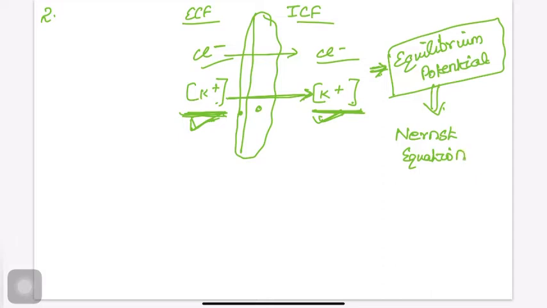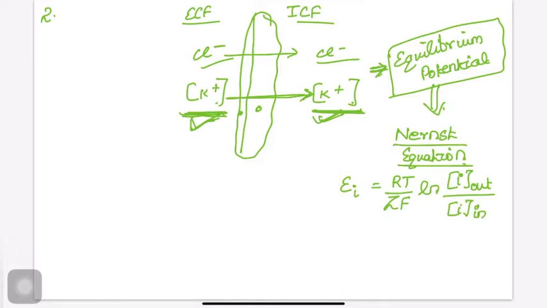The Nernst equation is given by: equilibrium potential of ion is equal to RT by ZF ln of ionic concentration outside by ionic concentration inside.